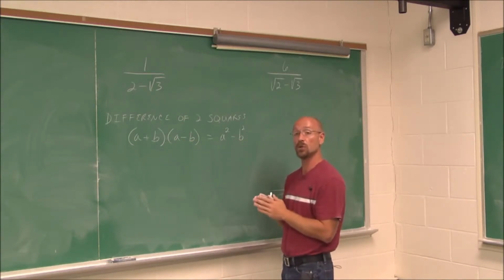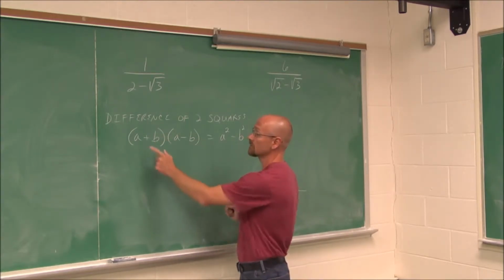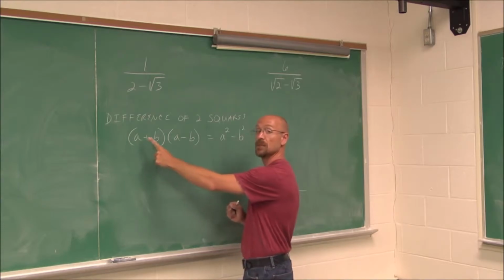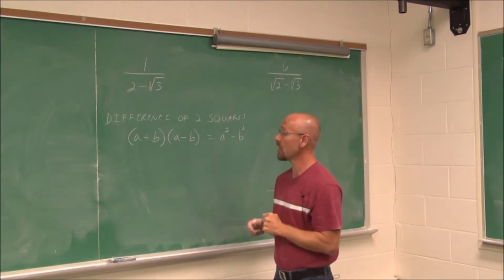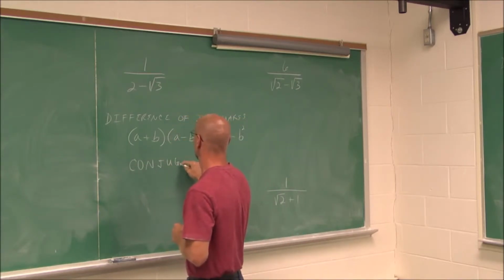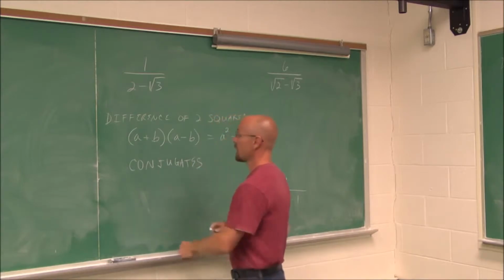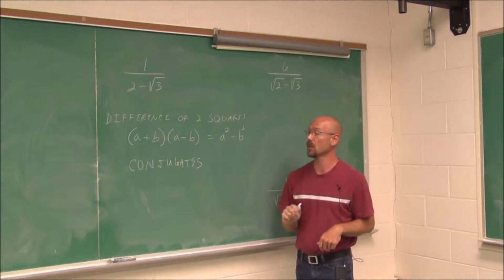That is actually a tool we can use, because these are something that are called conjugates. We have the sum of terms. Its conjugate is the difference of terms. So we're going to use conjugates. And if you want to know how that's spelled, C-O-N-J-U-G-A-T-E-S, conjugates.